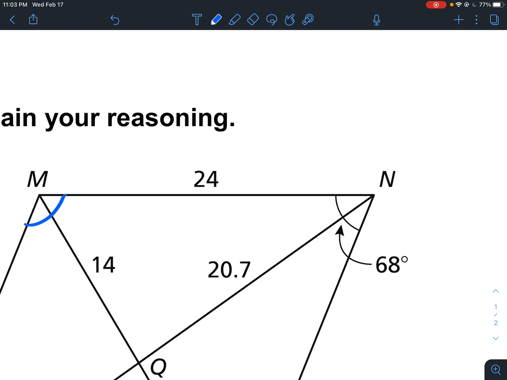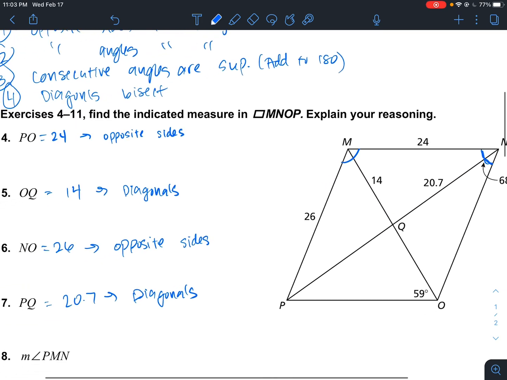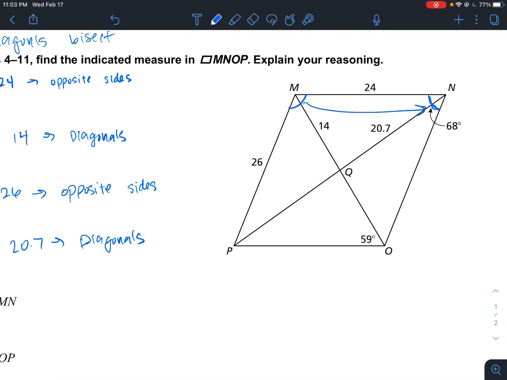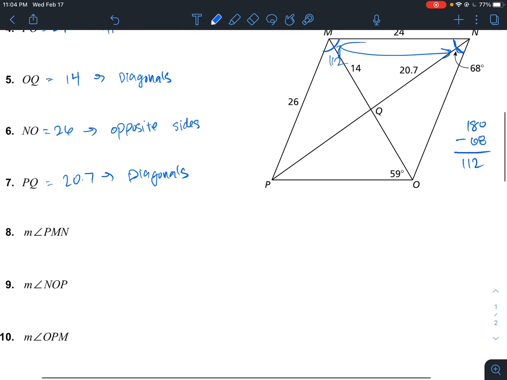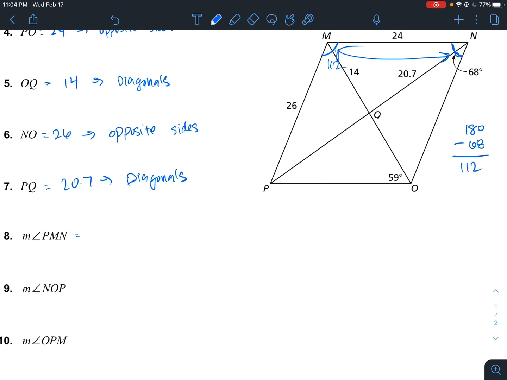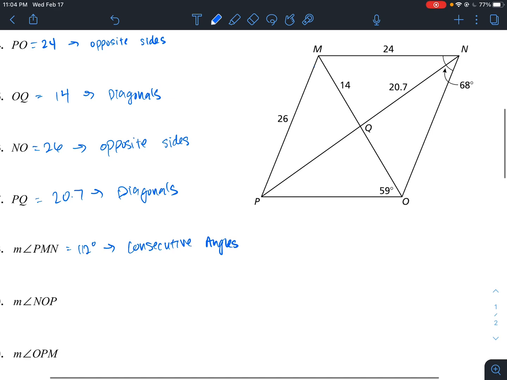So I know that this one is 68, and since these are consecutive angles, if I do 180 minus 68, I can find the other side, which should be 112. So angle PMN is equal to 112 degrees, and that's from the consecutive angles theorem.